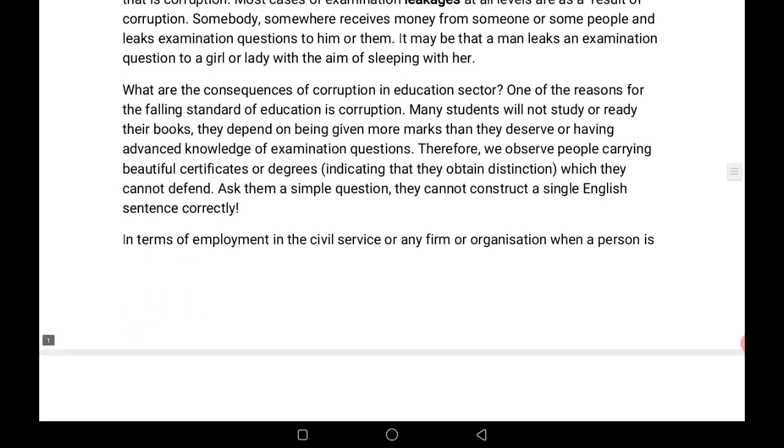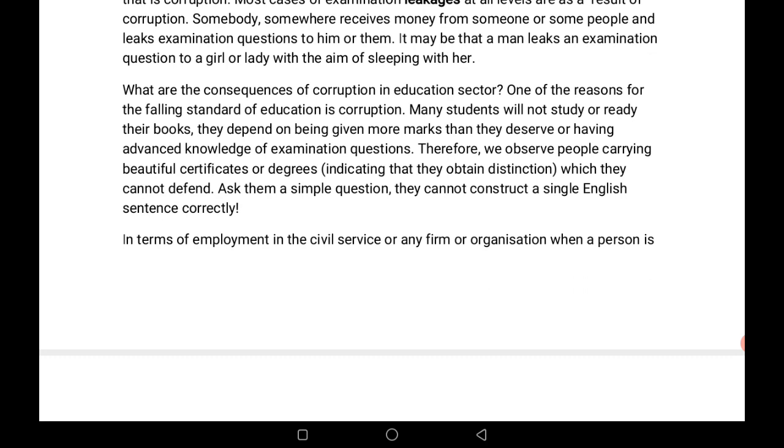The next paragraph says the consequences of corruption in the education sector. It is one of the reasons for the falling standard of education.